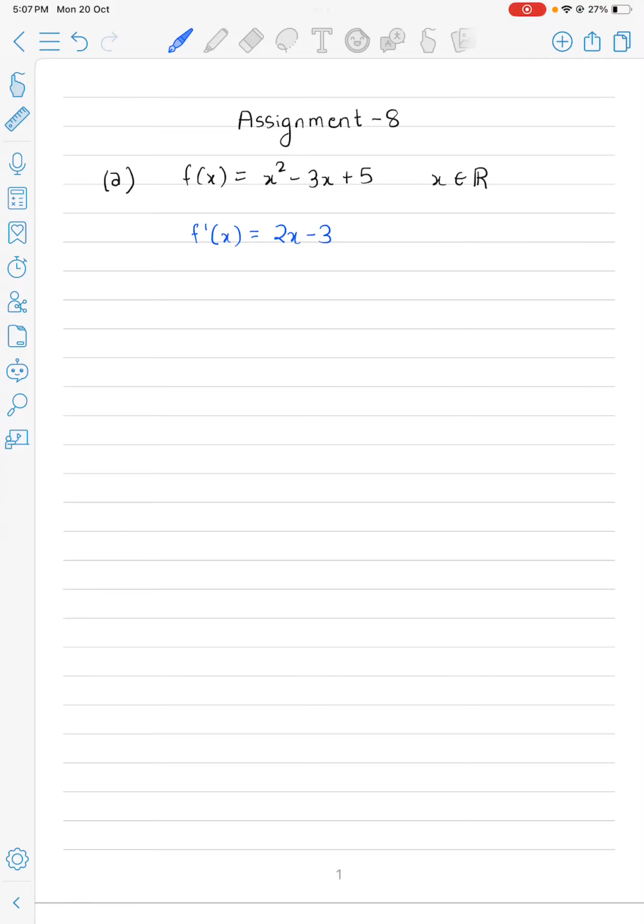And now you check where f'(x) is greater than 0. You will see that f'(x) is greater than 0 if 2x minus 3 is greater than 0, that is 2x is greater than 3, x is greater than 3 by 2. So from 3 by 2 to infinity, f is increasing.